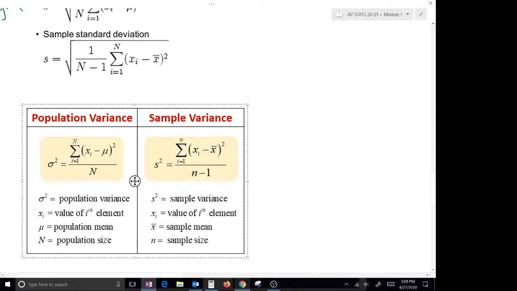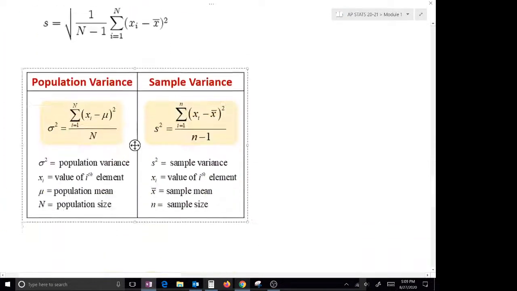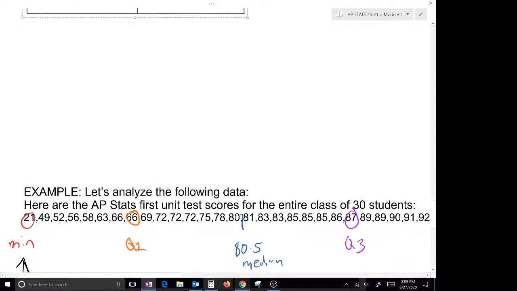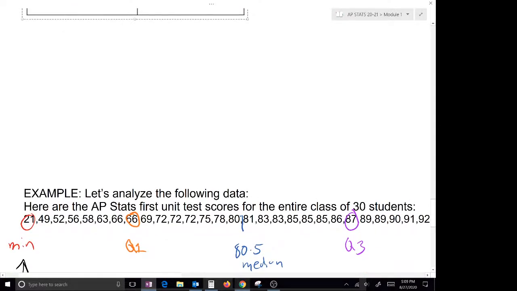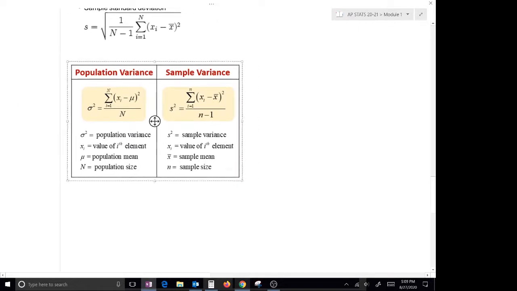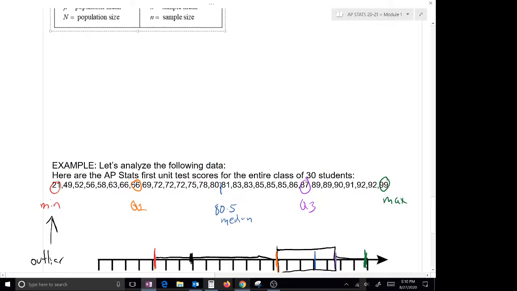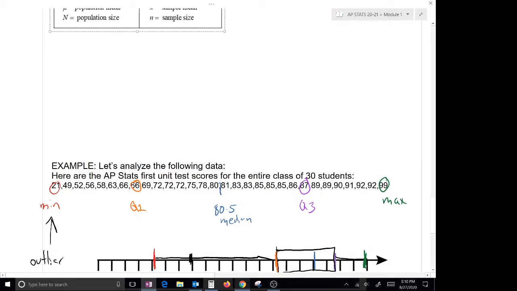If this 30 count of data was a sample instead of the entire class, we would be dividing by 29 instead of 30. Now the reason we do that, well, the proof is actually not too bad of a calculus example, but you have to use calculus in order to prove it.